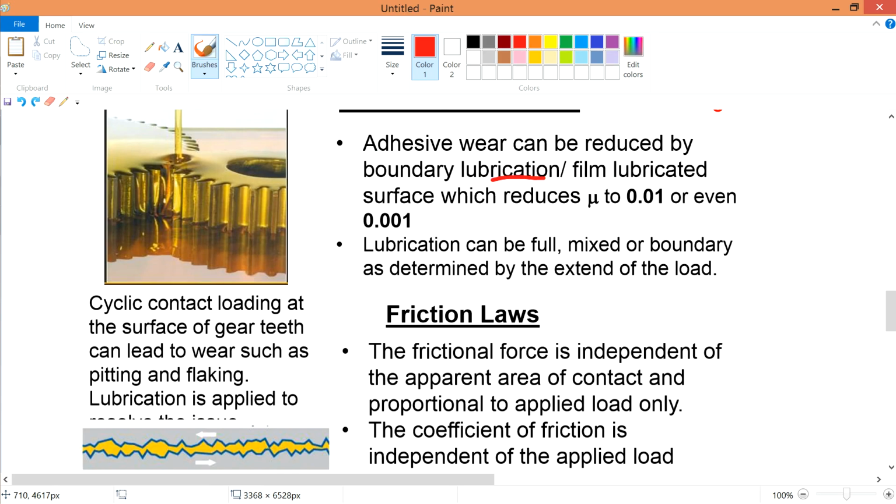When you put in a lubrication film and start to create this type of protection layer on the surface of the material, you can reduce the coefficient to 0.01 or smaller than that. And lubrication can be full, mixed, or boundary, determined by the extent of the load. So please take note of these key terms: full, mixed, and boundary.